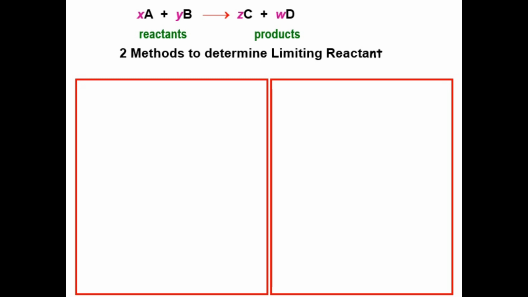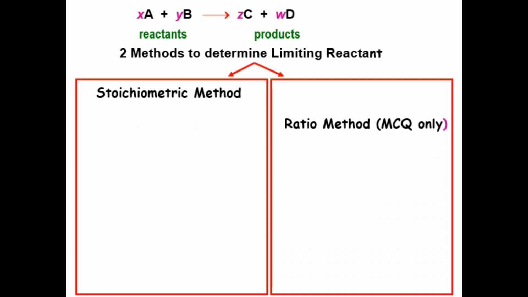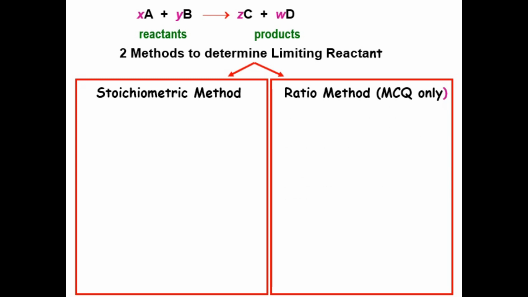There are 2 methods to determine the limiting reactant. The first one is the stoichiometric method and the second one is the ratio method. And I'm going to emphasize that you have to answer MCQ questions by using the ratio method.